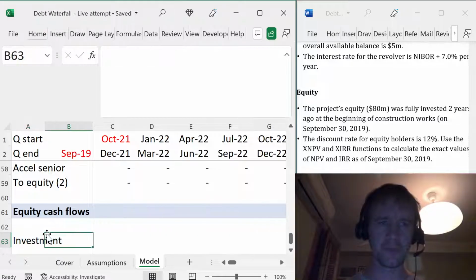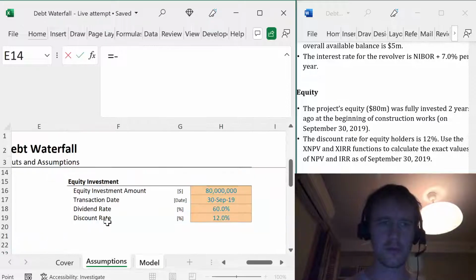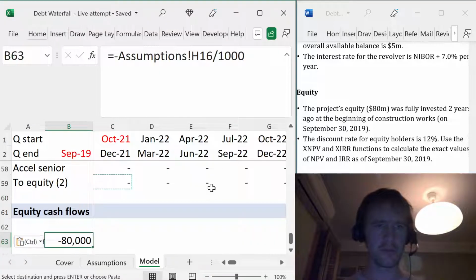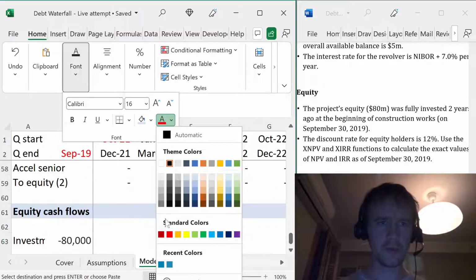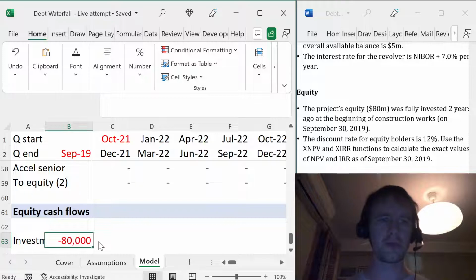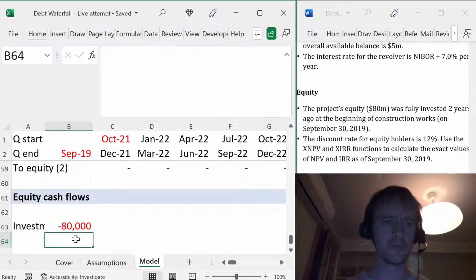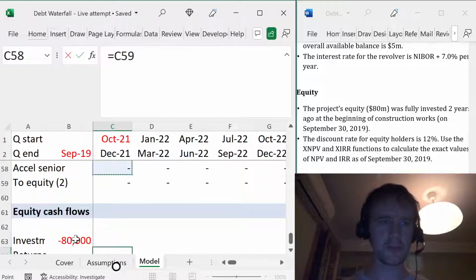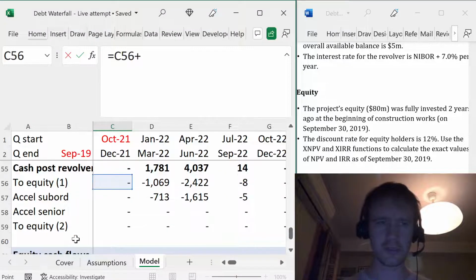And that's going to be this guy, over 1,000. And I'm going to make that red again, because it's a different formula. And then returns. That's just going to be the sum of these two. This guy plus this guy.